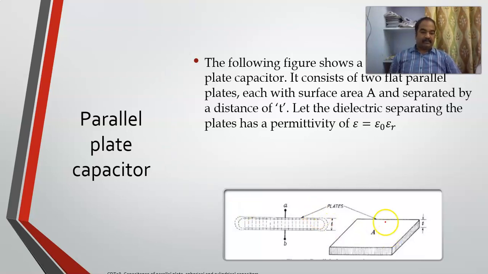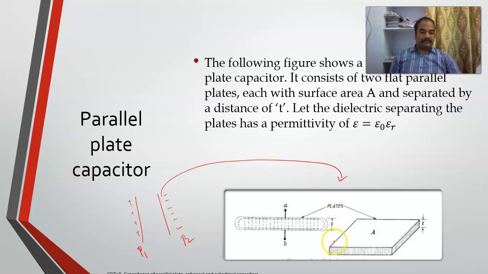Shown in the figure is a parallel plate capacitor. This is plate 1 on top, and on the bottom side you have plate 2.